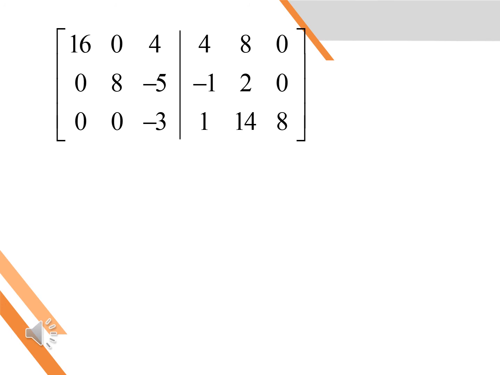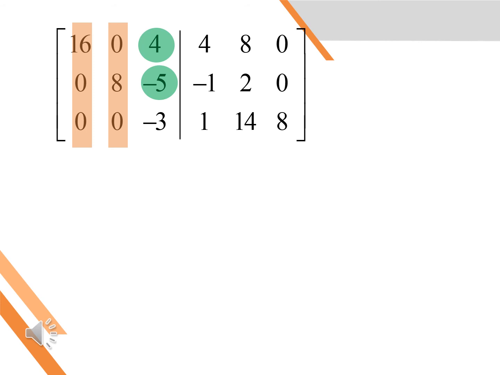Okay class, after we finish obtaining 0 for the first column, we get 16, 0, 0. Second column, 0, 8, 0. And now we are going to replace the 0 in the third column, in row number 1 and row number 2.